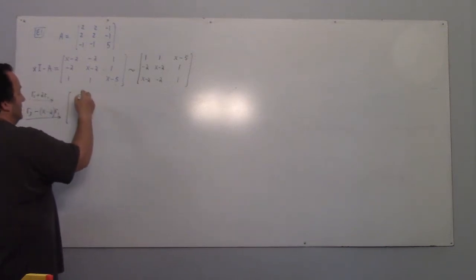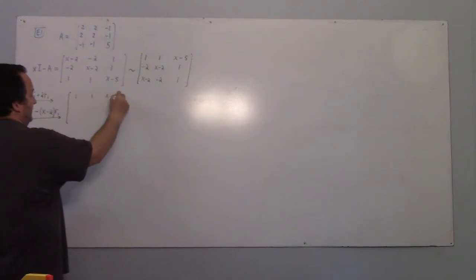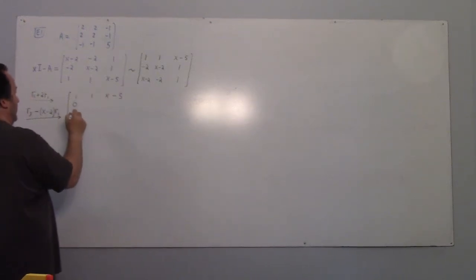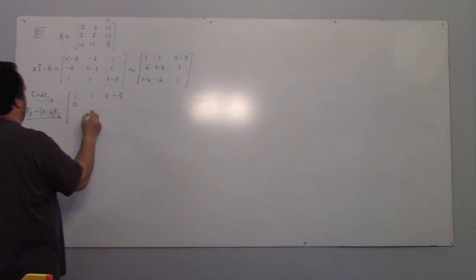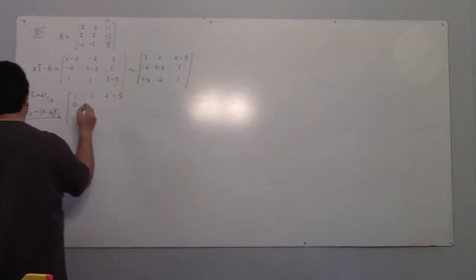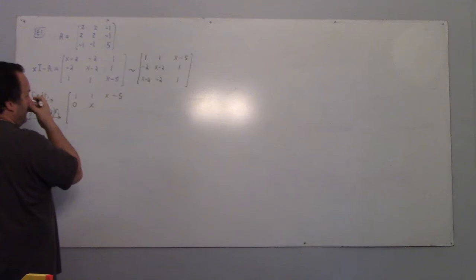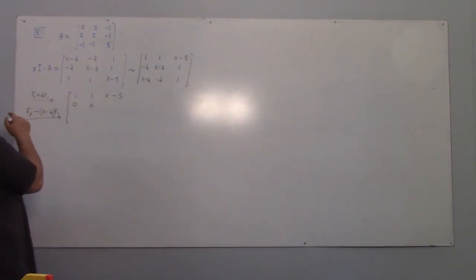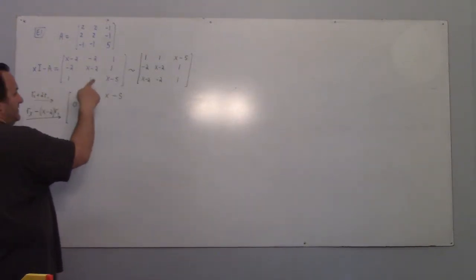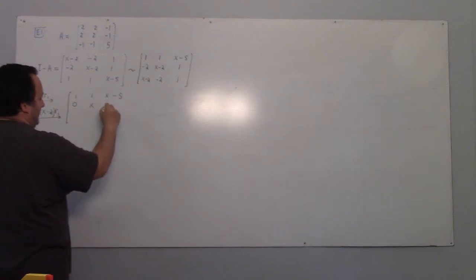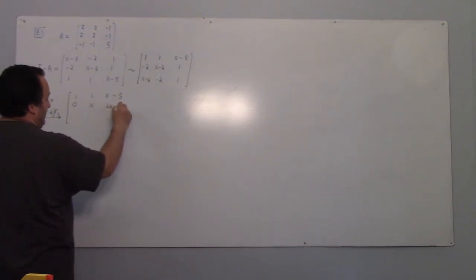So 1, 1, x minus 5, 0. You gotta have paper. That's just x. Row 2, x, row 2, row 1, this is x. And now 2 row 1, that's 2x minus 10, plus, so that's 2x minus 9.